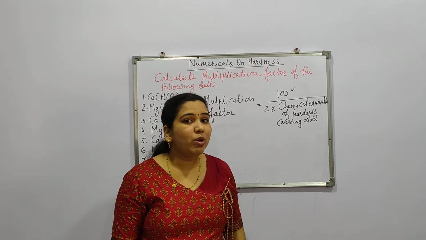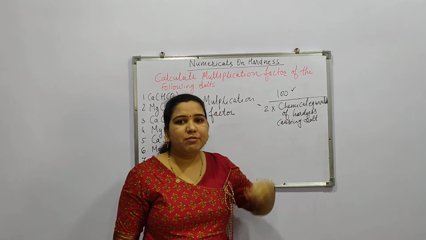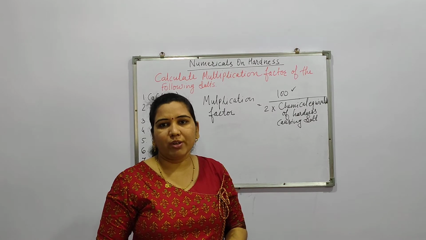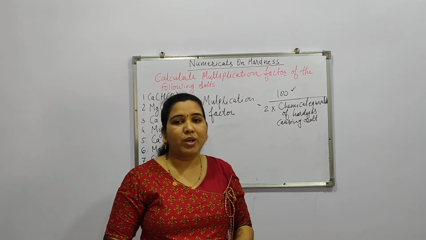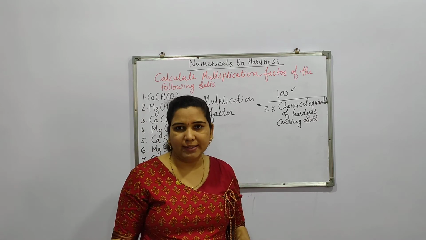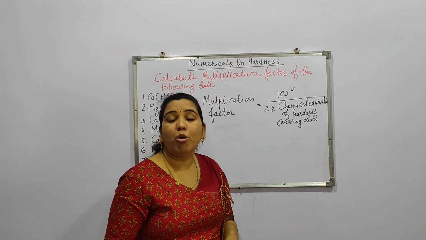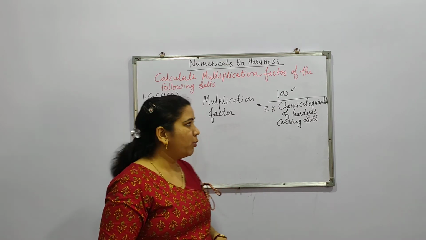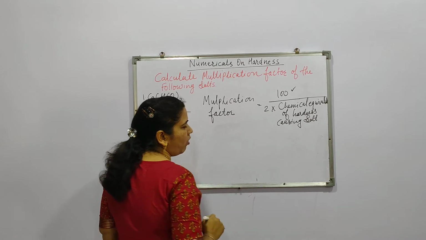Calcium carbonate is the reference salt to calculate any type of hardness, and that's why we consider 100 here. So this molecular weight always remains the same.